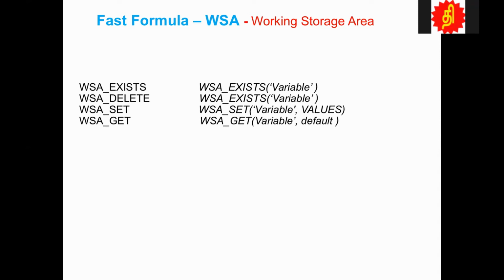One more thing I found out is that whenever you are setting for the first time, this WSA set takes a little longer than the subsequent times. So you need a fraction of a second to set that variable. If the get is executed before the set has happened, then WSA exists returns false.